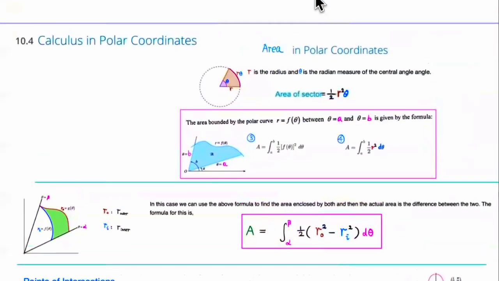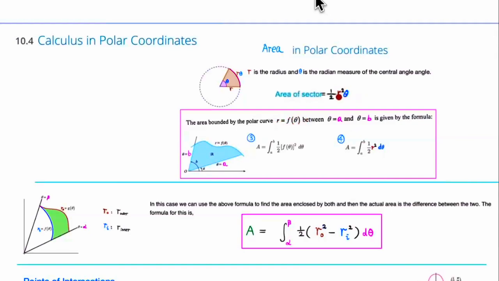We first talk about what's the area of a sector of a circle. It's 1/2 r squared theta. Well, think about this as like a triangle. So 1/2 base times the height, 1/2 times r theta times r, is 1/2 r squared theta. So that's one way to maybe help you to remember the area of that. So if you have a polar curve, r is a function of theta.